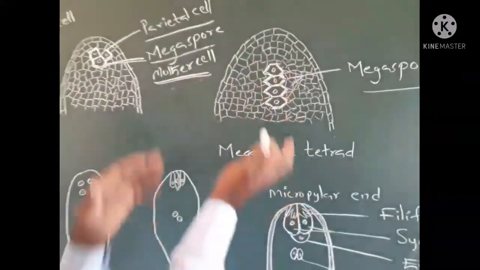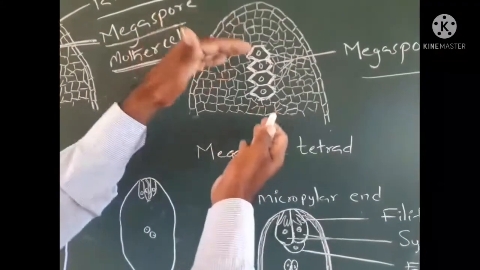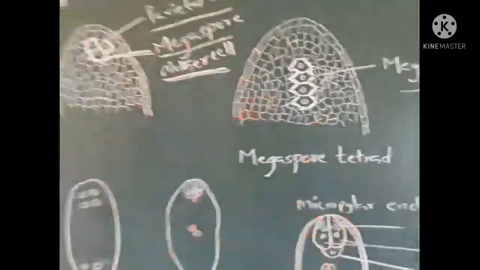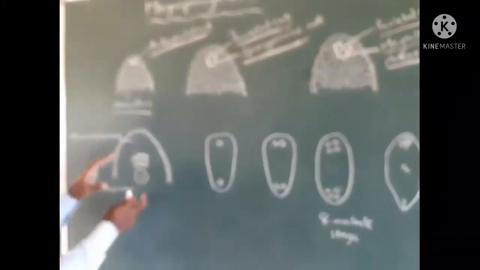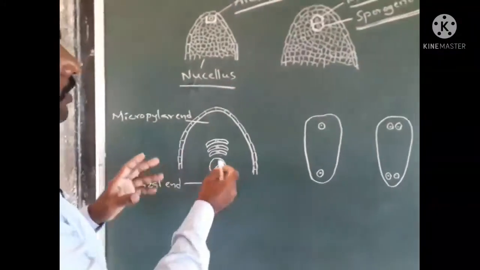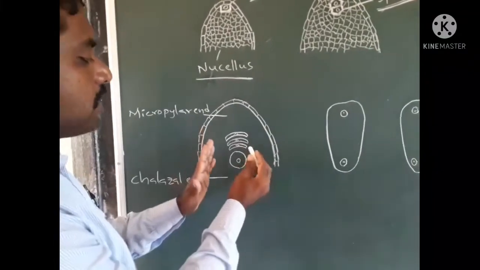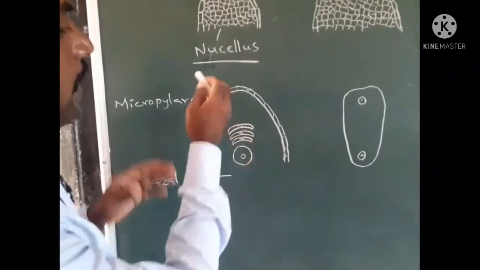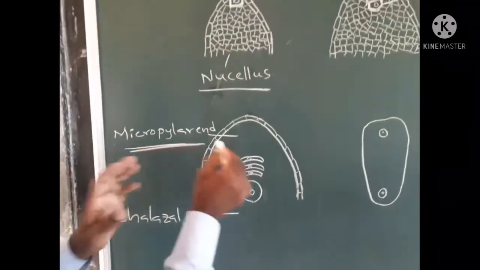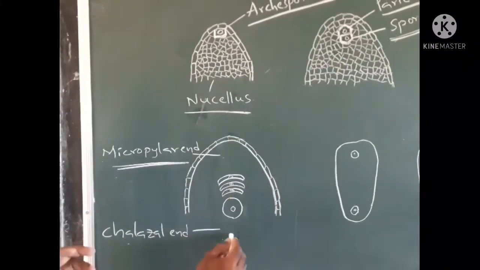See these four haploid megaspores in this picture. Here is the micropylar end region and here is the chalazal end region.